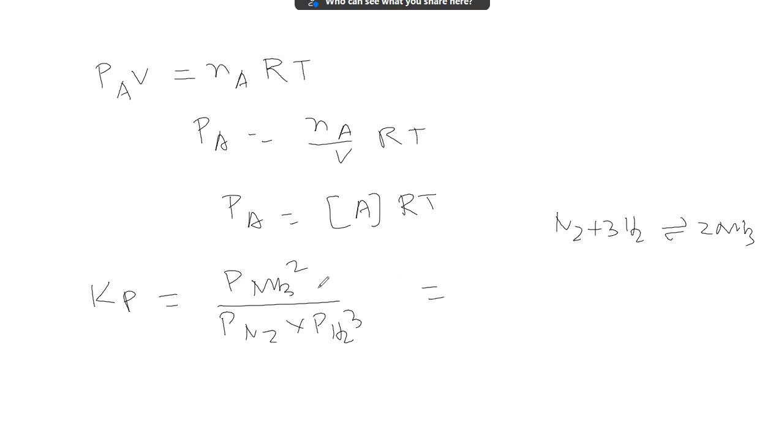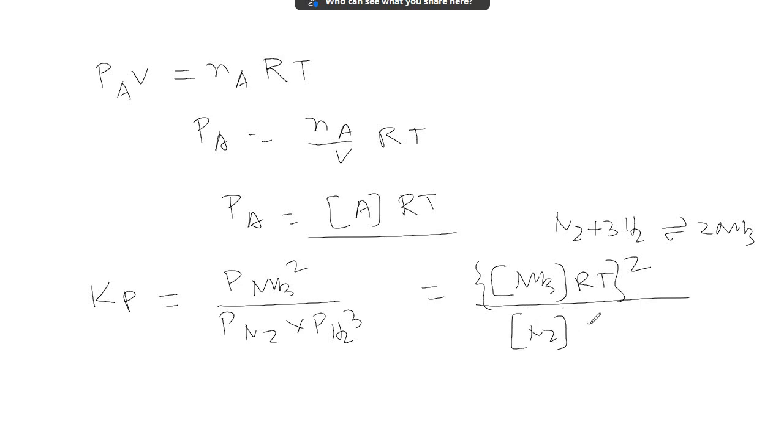P NH3 you can write this way: concentration of NH3 into RT, squared, over [N2]RT into [H2]RT to the power cube, because the partial pressure is equal to concentration into RT, as you see from this relation.